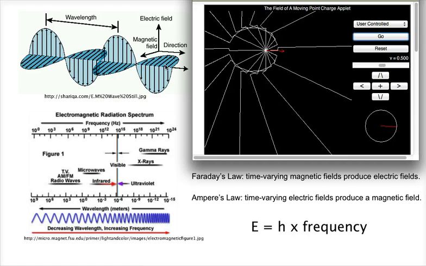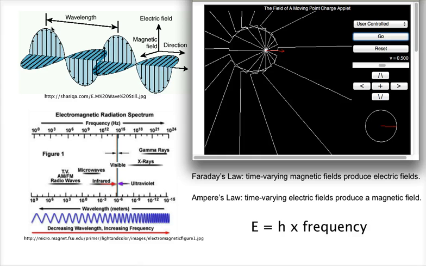This is a depiction of an electromagnetic wave, and these light blue lines are the electric field lines that will be produced by an accelerating charge. And these darker blue lines are representing the magnetic field. And if you feel like right-hand ruling it, you can rederive this orientation by yourself.